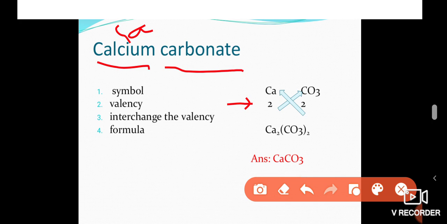CO3 2 minus is a negative ion, and the valency of CO3 is 2. Now interchange the valency. Ca2 CO3 twice, isn't it? Both are the same in number, so we simply strike out the 2. Finally we get CaCO3. If the numbers are the same, we simply strike them out and write the answer.